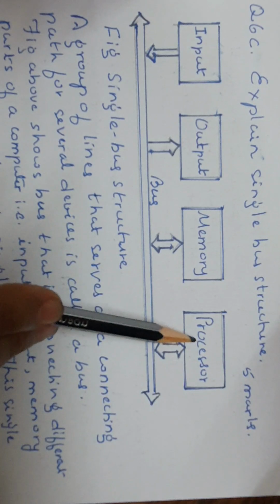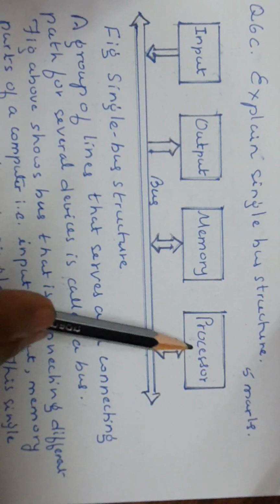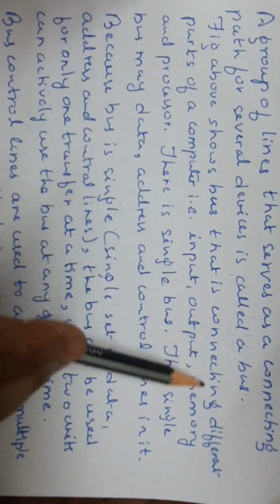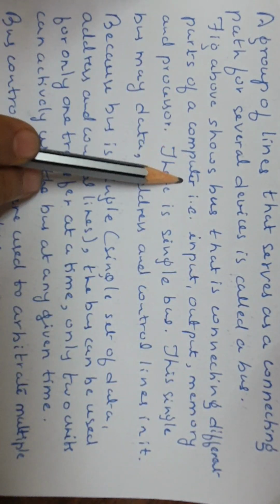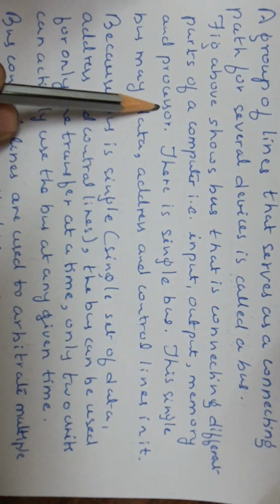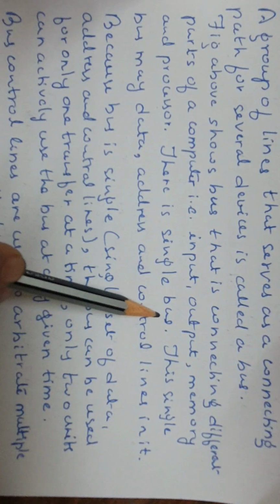The arithmetic and logic unit performs actual arithmetic or logical operations which are specified in the instructions given to the processor by the user. So the figure above shows the bus connecting different parts of the computer, that is input, output, memory and processor. There is a single bus, that is a single set of lines.